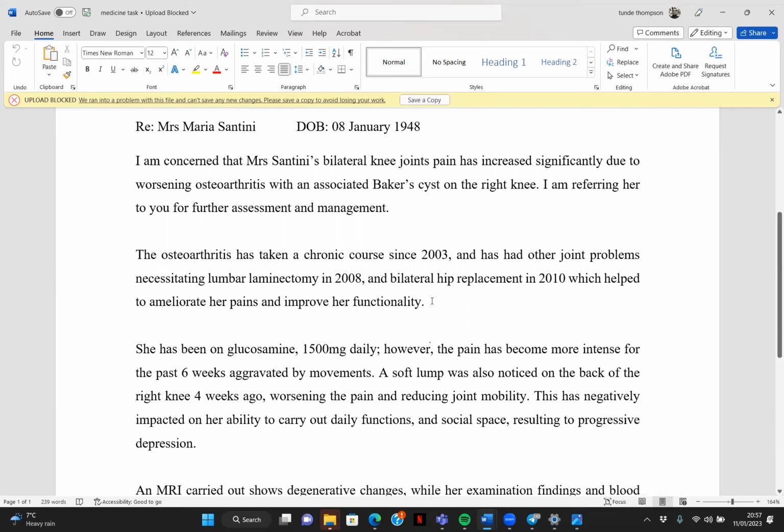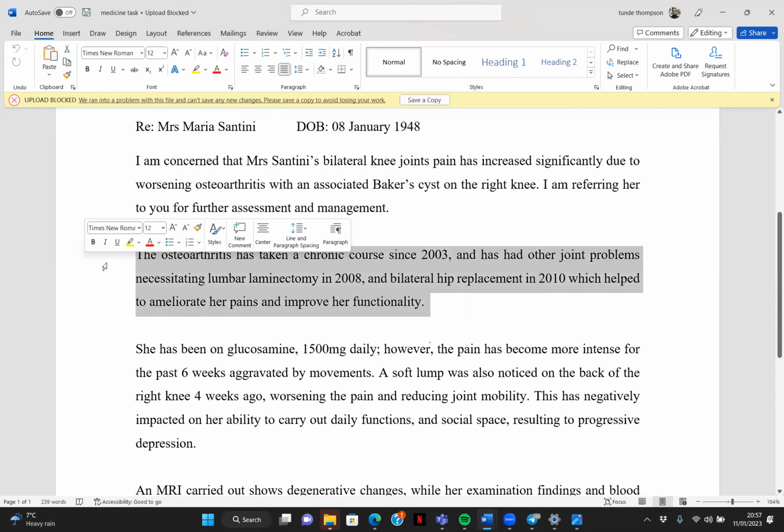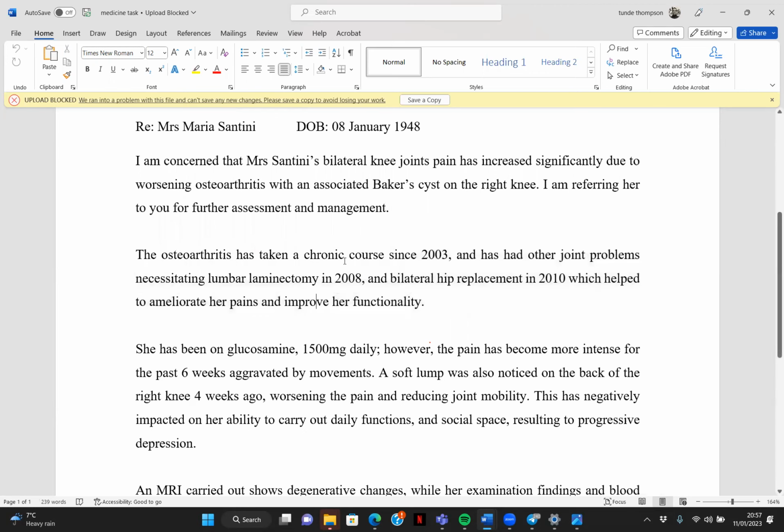The osteoarthritis has taken a chronic course. Now, I want to summarize the background information. The osteoarthritis has taken a chronic course since 2003 and she has had other joint problems necessitating lumbar laminectomy in 2008 and bilateral hip replacement in 2010, which helped to ameliorate her pains and improve her functionality.